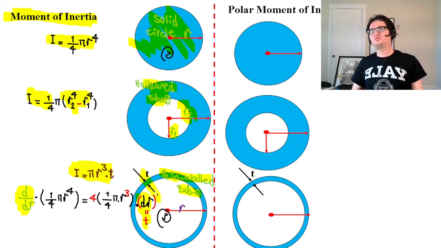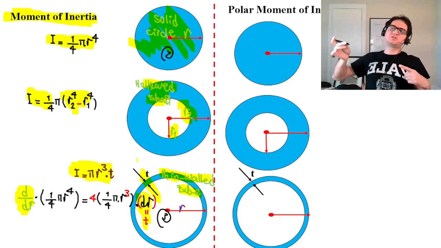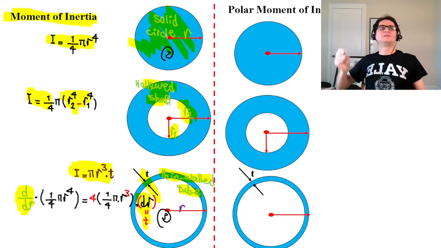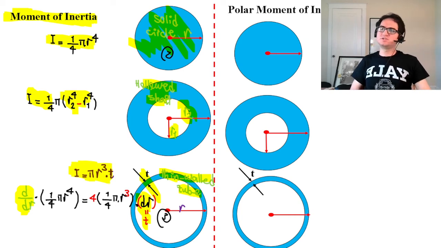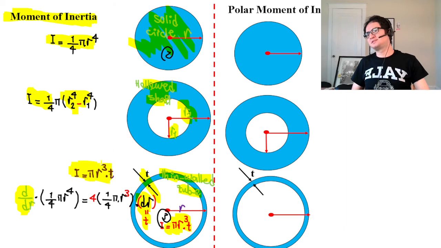Do you remember I told you that in comparison to r, t is a very small amount? So the derivative of r is almost equal to t. If you do the math, it just gives you I is equal to pi r cubed times the thickness.